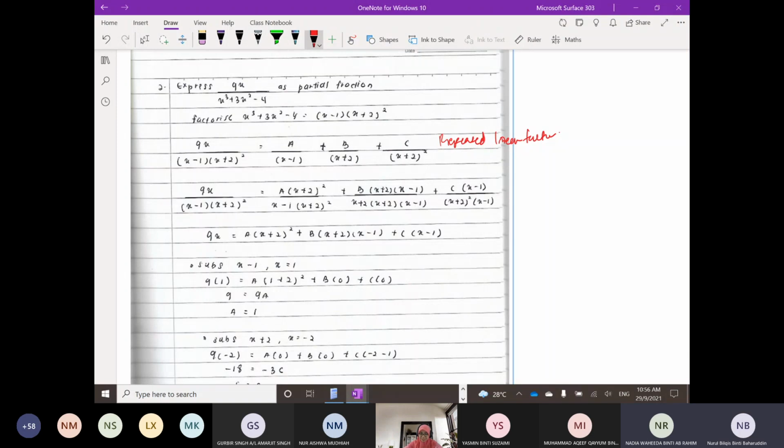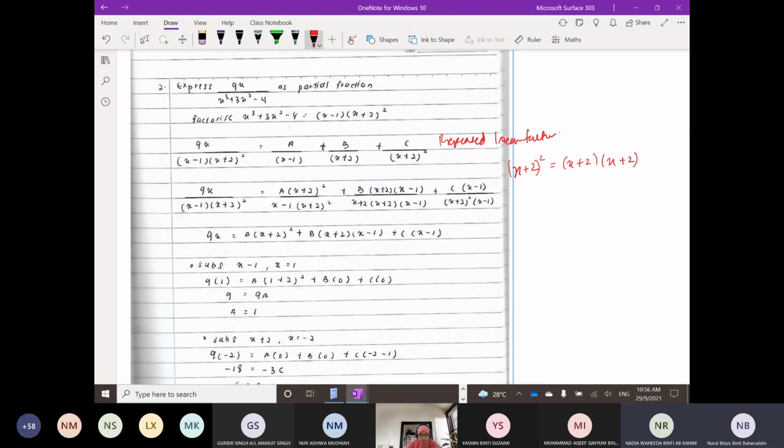Good. Well done. It shows that you can explain. So (x plus 2) squared, the square is outside the bracket. That means (x plus 2) squared, which means x plus 2 times x plus 2. So this is a repeated root. Okay. Proceed.